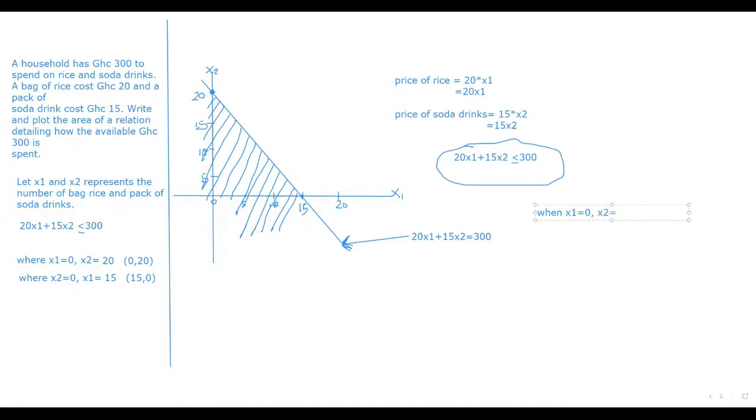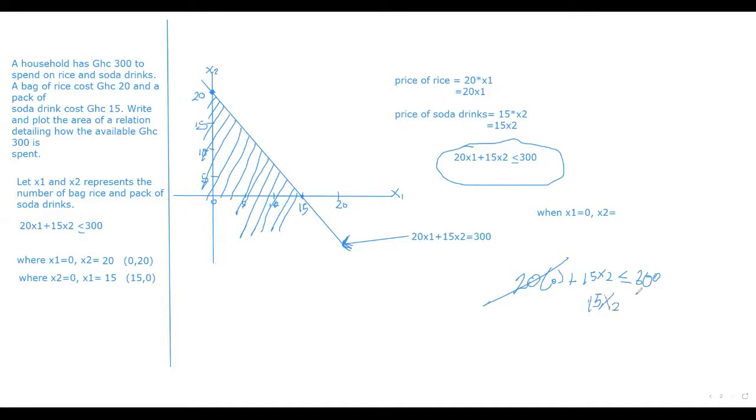So we did that calculation. If x1 is 0, so 20x1, we represent x1 to be 0 for now, plus 15x2 greater than 300. Now this one becomes 0, so it will cancel off. So it will be left with what?